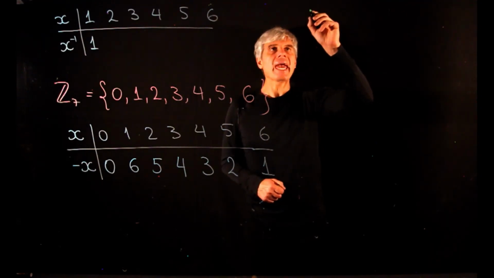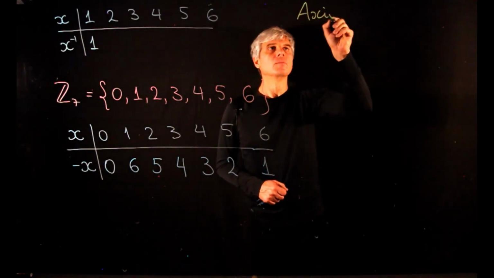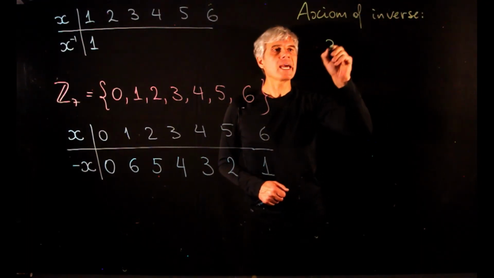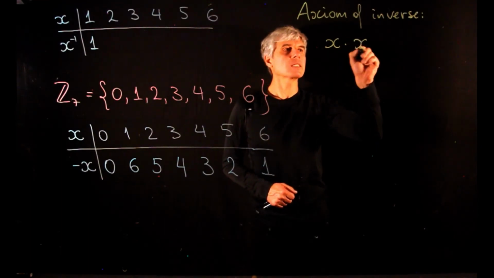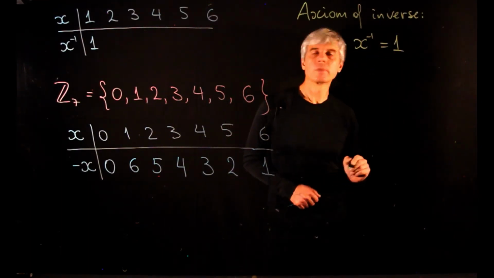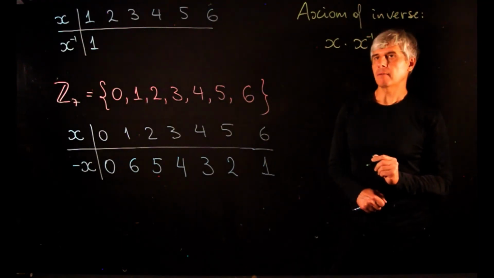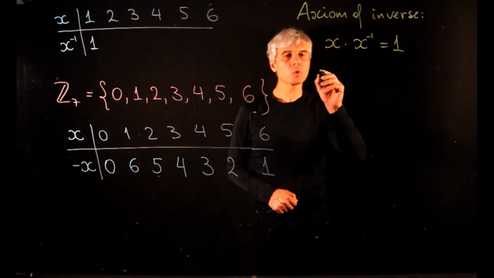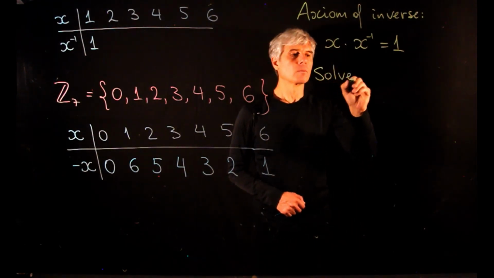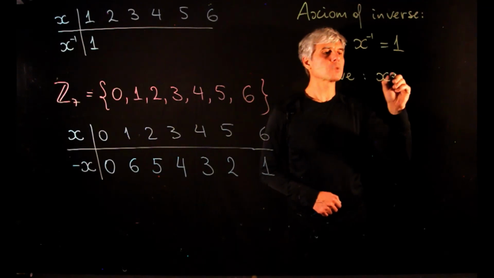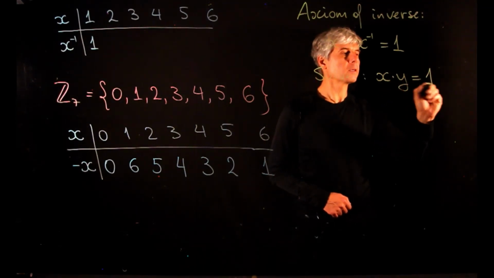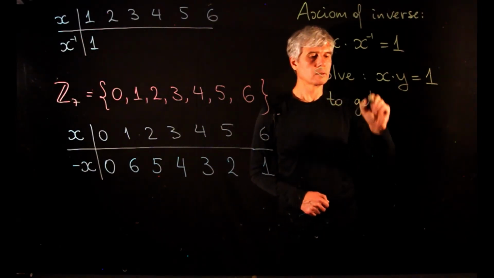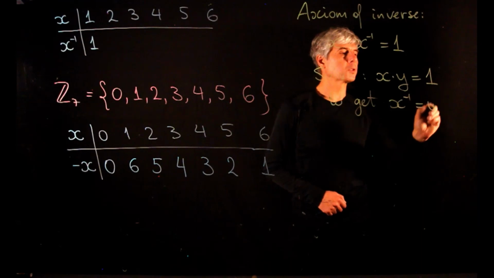So we have the axiom of inverse, which is x times x inverse is equal to 1. So if we want to find an inverse of an element, then this amounts to solving the equation x times y is equal to 1, to get that x inverse is equal to y.